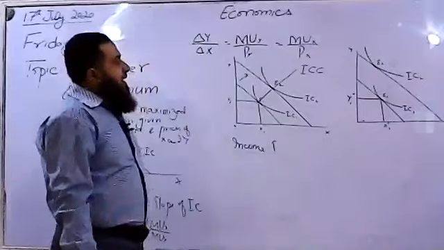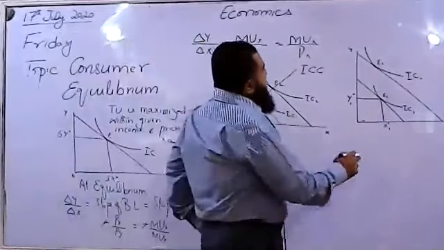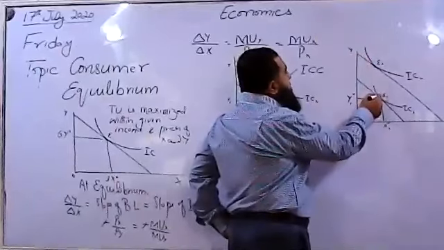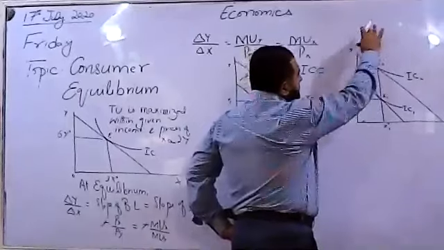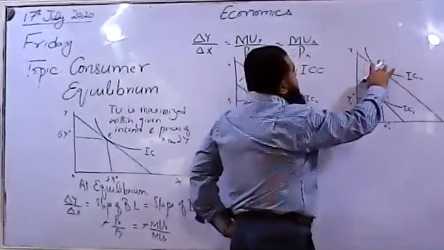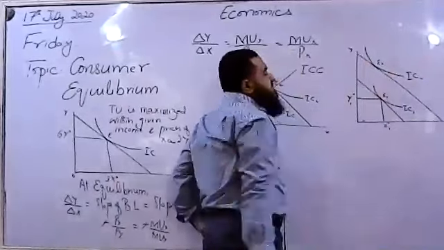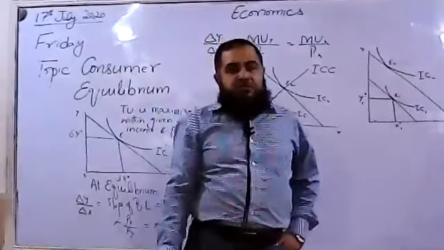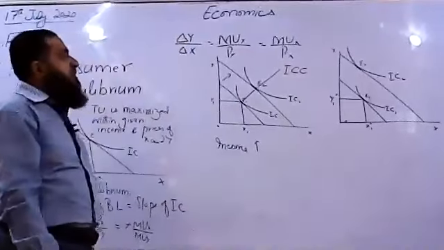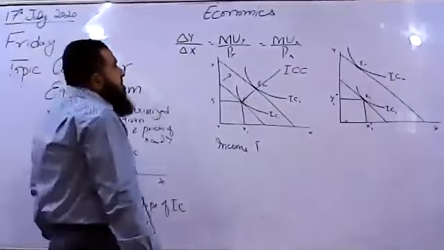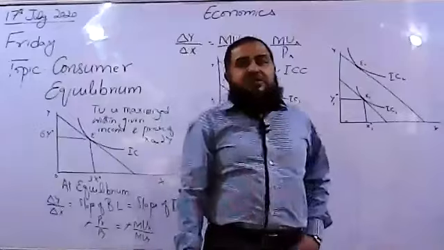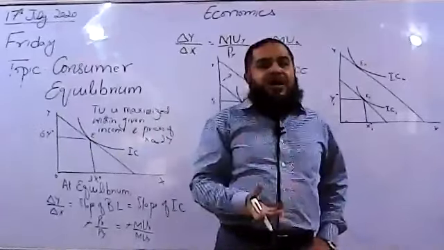You can find that the consumer is increasing the consumption of Y, but X consumption is not changing. If X consumption is not changing, then his income elasticity of X will be 0. And if he decreases his consumption of X and increases the consumption of Y due to the increase in income, then Y will be the income elastic product. As his income is increasing, he is buying more of Y.